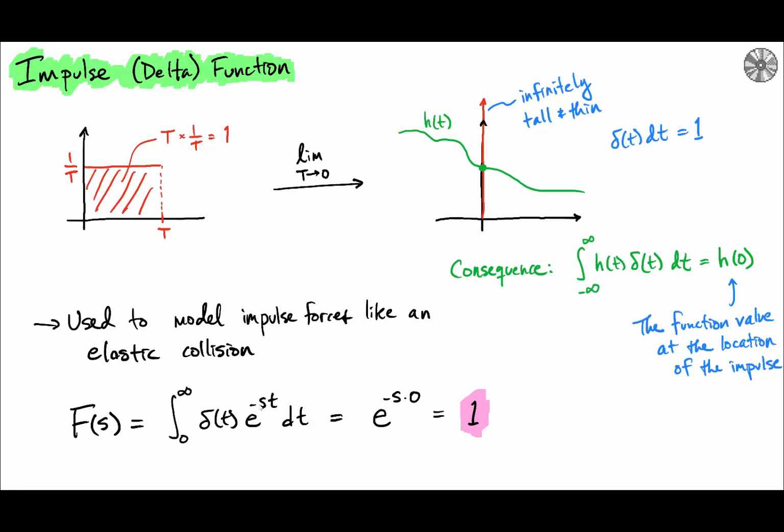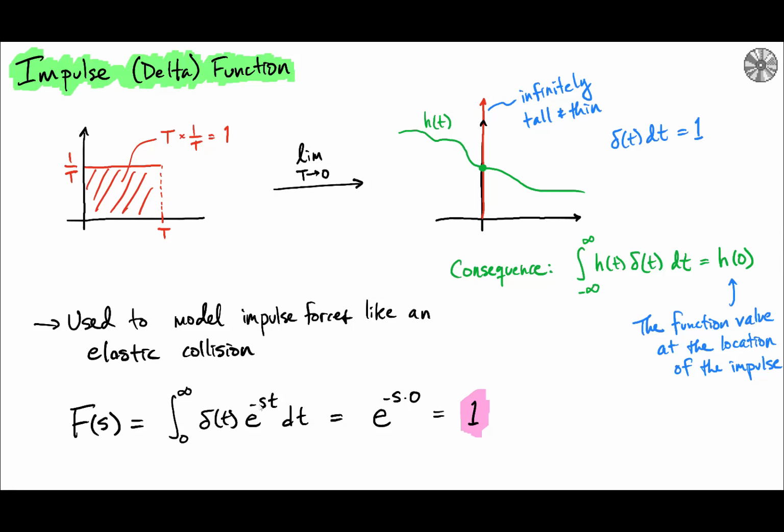And so if we take that capital T getting smaller and smaller and smaller, but maintain the area equal to 1, the height of that gets taller and taller and taller. And as we get infinitely narrow, the pulse gets infinitely tall. One of the consequences of this is that the integral of a function h of t, when I multiply that by delta of t, just picks out the height of that function at the value of delta.